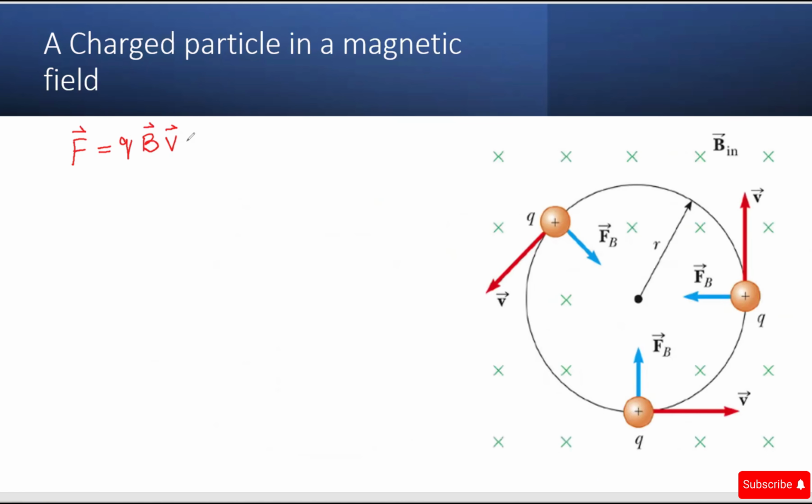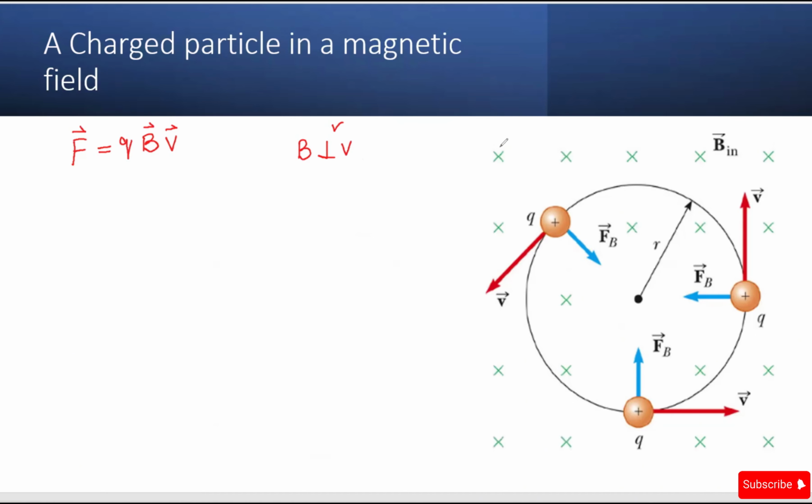This formula says that the value of sin theta is equal to 1, meaning theta is 90 degrees, so the magnetic field and the velocity of the charged particle are perpendicular to each other. Now let's think: if we put a charged particle in a magnetic field with this condition, what would happen?